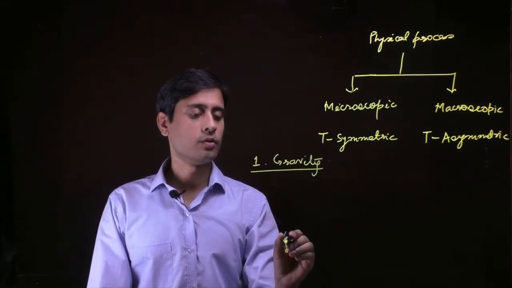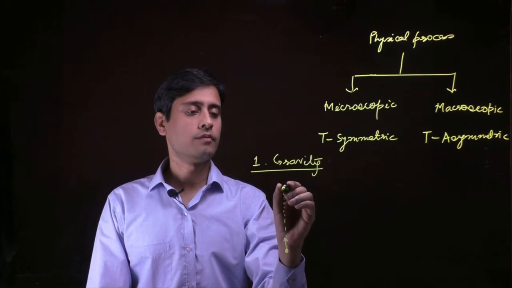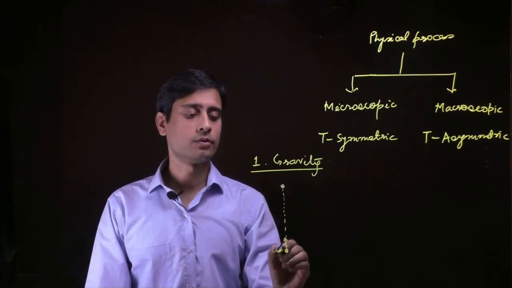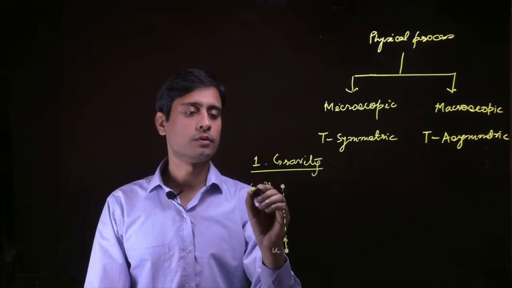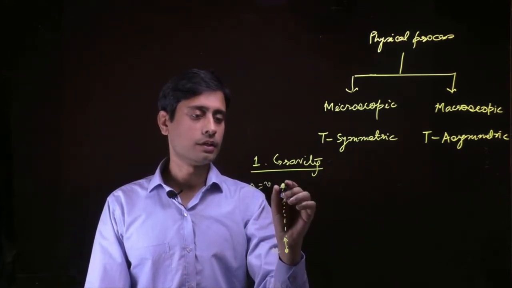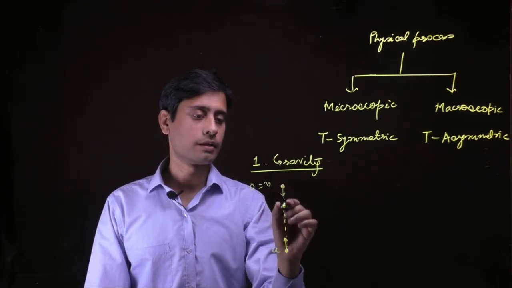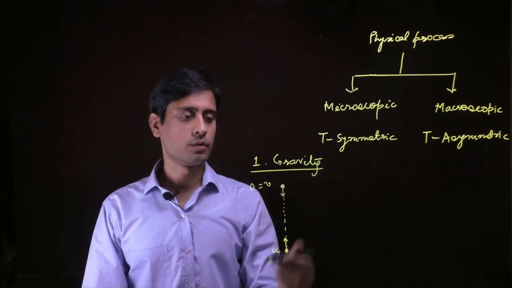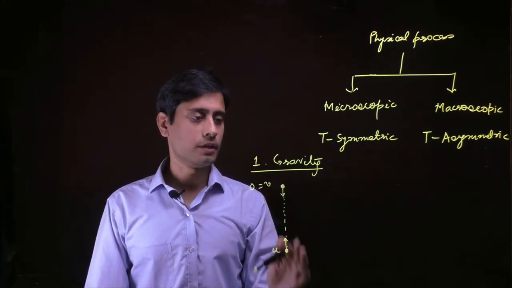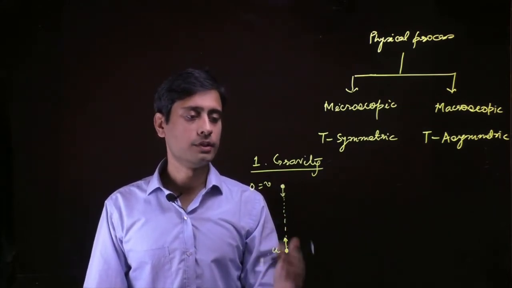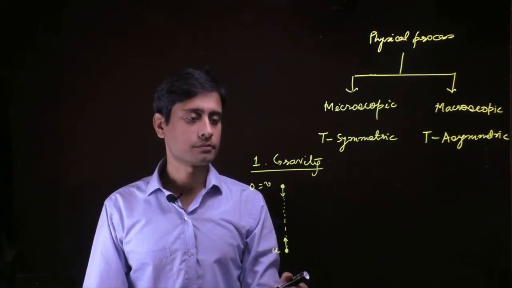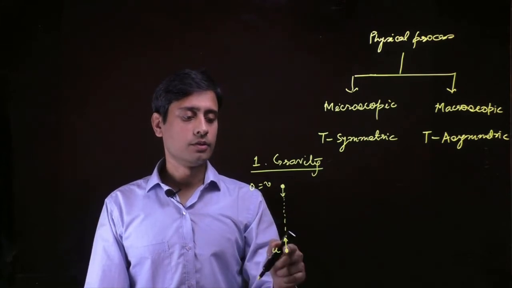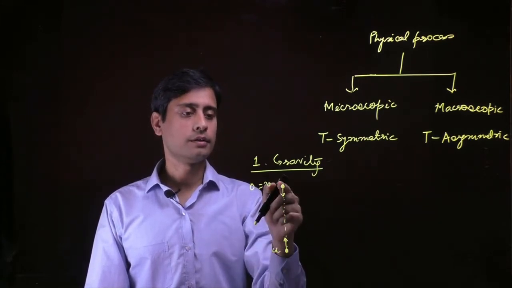This stone will go up and its speed will reduce, and at a maximum height the speed will become 0, so v will be equal to 0. After that it will return, coming back to the same point on the ground, or anywhere from where you were throwing it upward. Now if you make a video of this process and play it in forward direction, you will find that the stone is going upward and then downward.